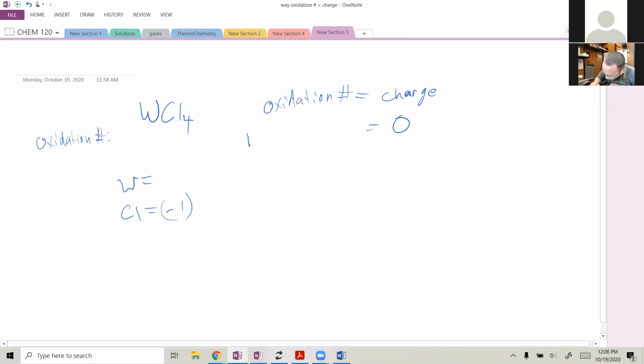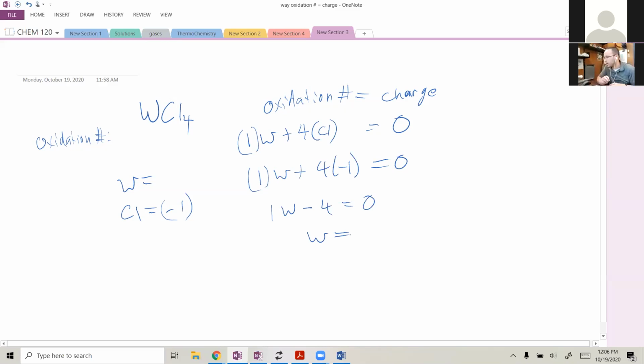So my 1 tungsten and my 4 chlorines should add up to 0. If I have my 1 tungsten and each of my chlorines is a -1, then I get 1 tungsten minus 4 is equal to 0. And so what should the charge of my tungsten be?